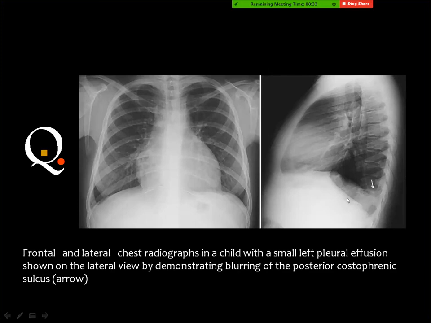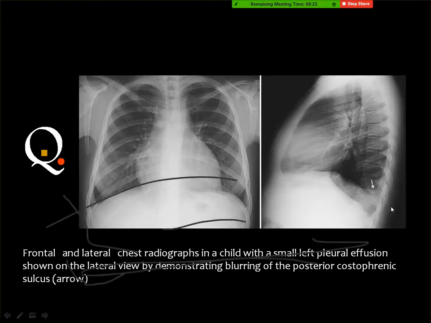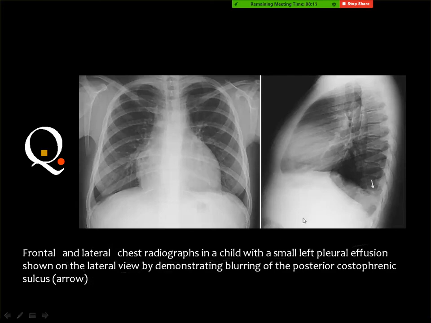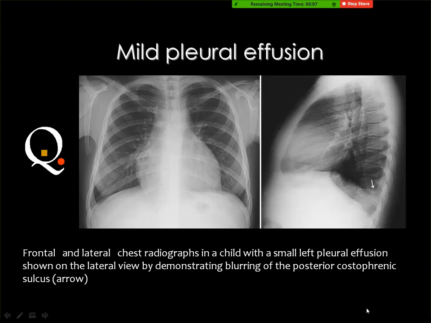The effusion is not seen in the frontal view if it is small, and it can be seen in the lateral view because the posterior costophrenic angle is more dependent than the lateral costophrenic angle. Then fluid will accumulate here first, then it will appear in the frontal chest X-ray.